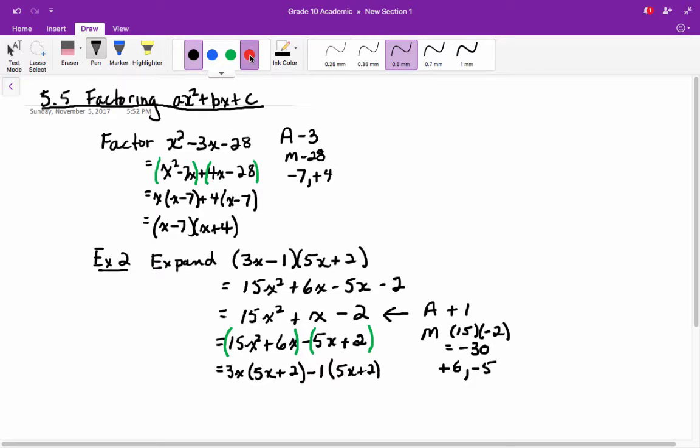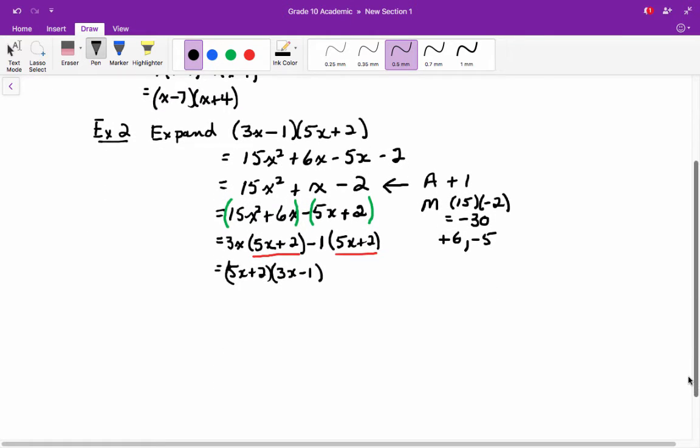So now you should notice that we have a binomial which is common. So we'll bring that out in front. That's 5x plus 2. And that leaves us with 3x minus 1 to go in the other bracket. And of course, this is what we started with up here. So as you can see, that factoring method works.